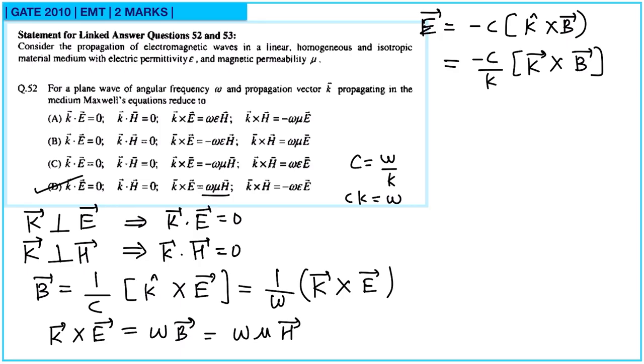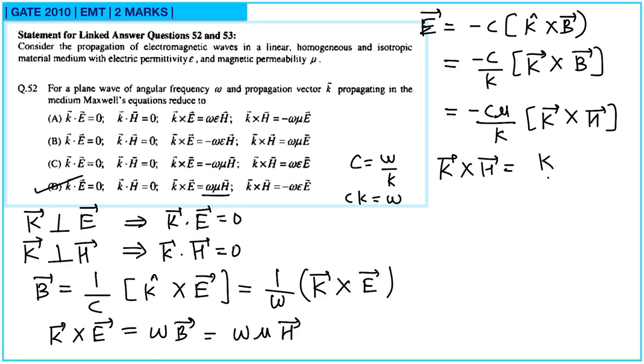And B is equal to mu into H. So this will be minus of c into mu by k into k bar cross H bar. So from here k bar cross H bar is equal to k by c mu with minus sign into E bar. We can write this in terms of omega as well.